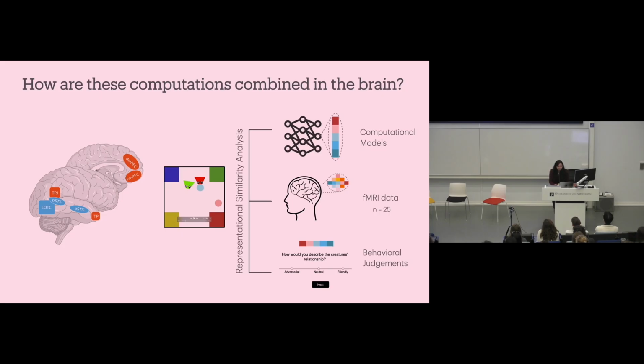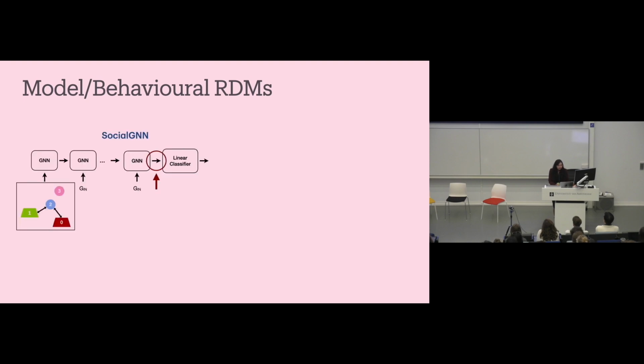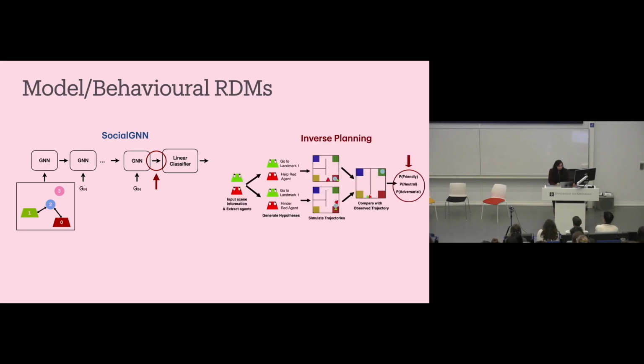The idea here is that a similar representational geometry between a brain region and a model's representations would indicate similar underlying principles or computations. Okay, to perform RSA, we create representational dissimilarity matrices for each of the models. So for social GNN, we take the output from the last time step as the representation for each video. And for the inverse planning model, we take the predicted probabilities as the vector representation.